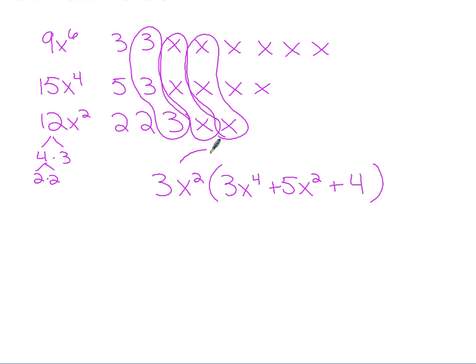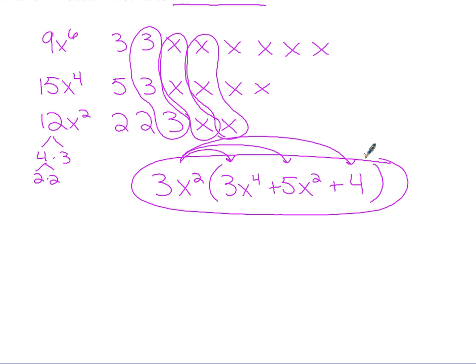Think to yourself, okay, if I distributed this again, would I get back to my original answer? Like if I did this times this, does it give me 9x to the 6th? Yes, it does. Same thing with the next one. Does it work? Does it work? As long as it gets you back to your original answer, you did it right. So this should be correct. The end.